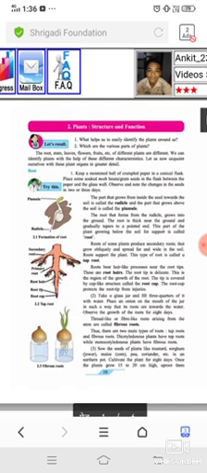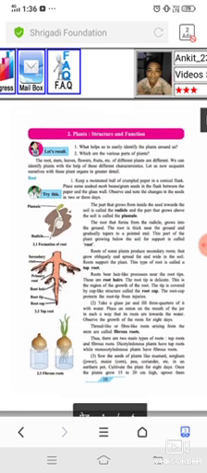Place some soaked moong beans, green seeds, in the flask between the paper and the glass wall. Observe and note the changes in the seeds in 2 or 3 days.